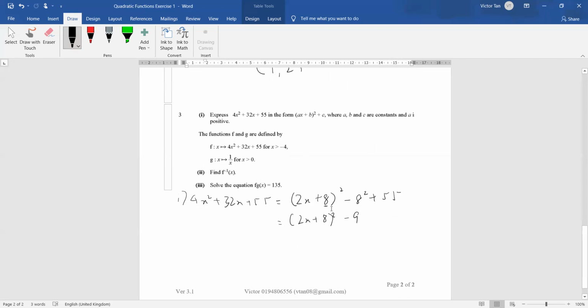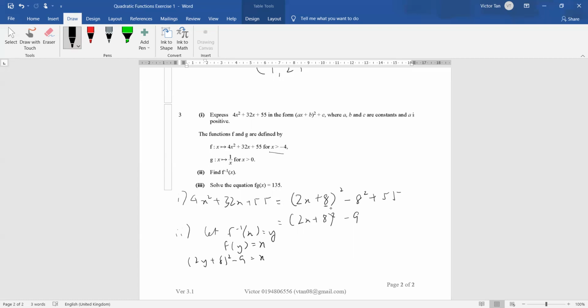Functions f and g are defined by f(x) is 4x squared plus 32x plus 55 for x larger than or equal to -4. This is to make it a one-to-one function so that you can find the inverse, which the question asks to find. So let f inverse x equal y, f(y) equals x, (2y plus 8) squared minus 9 equals x.